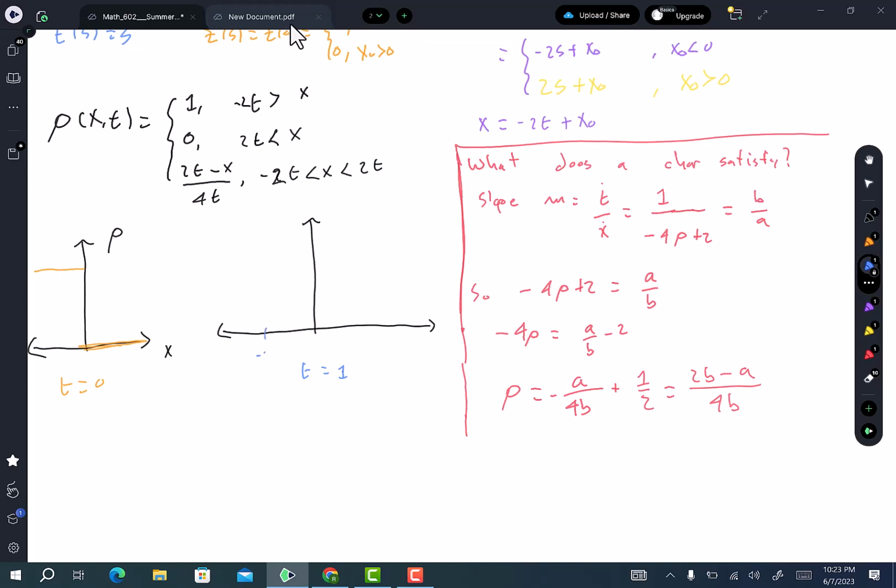This will be minus 2, this will be 2, and the solution is going to be equal to 1 when x is less than minus 2t, so it's going to be equal to 1 here. It's going to be equal to 0 here, and then it's just going to be the linear interpolation between the two going that way.